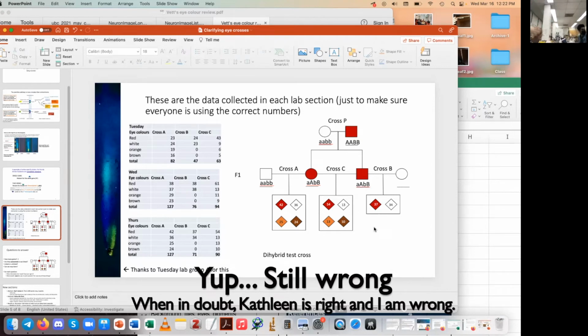So these are heterozygous males, and the cool thing about flies in males versus females, what's the difference? What can't happen? Males cannot recombine. So we can see at a glance here, cross B has heterozygous males, and it's making heterozygous gametes.